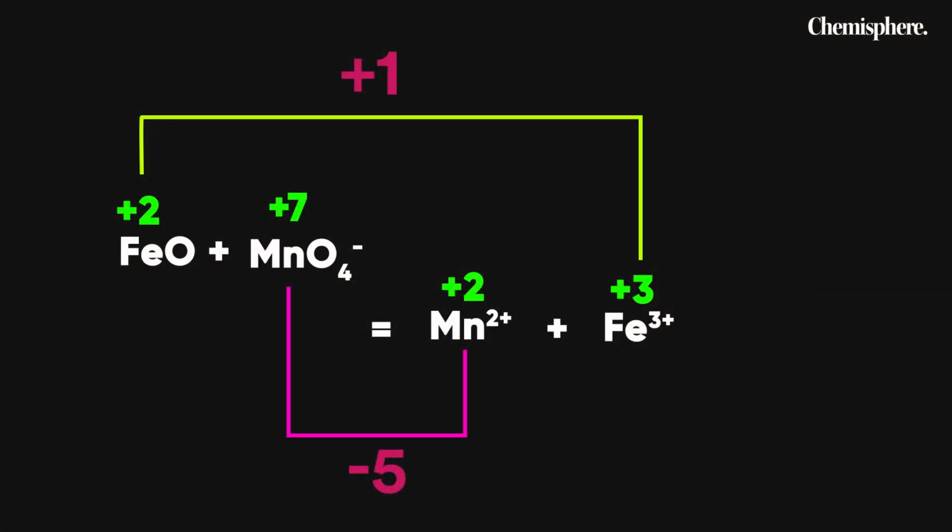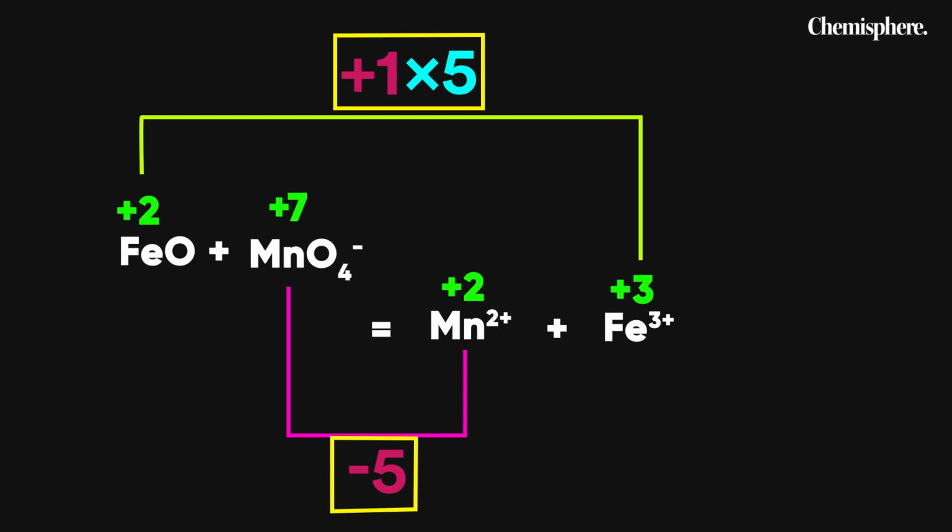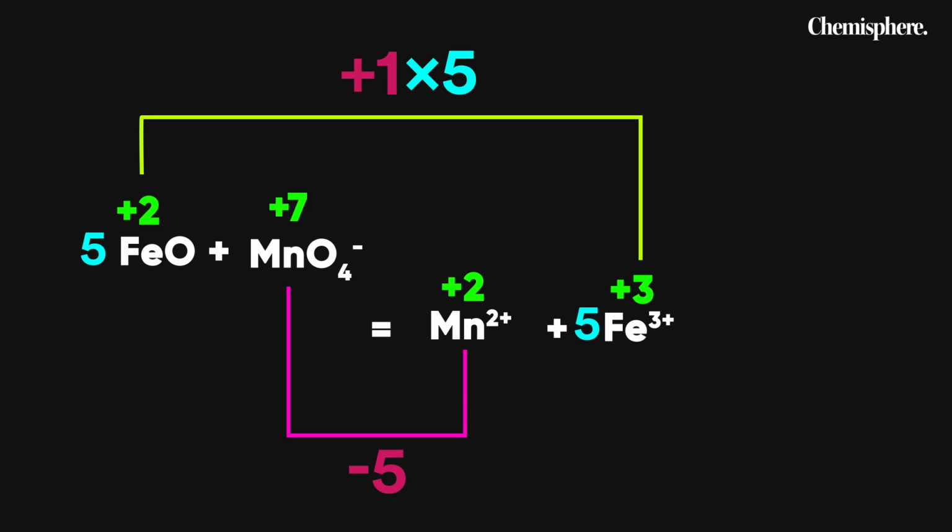How do we do that? We can do this by multiplying this +1 oxidation number by 5. When we do that, the entire increase becomes +5, which is equal in magnitude to the -5. As we multiply by 5, we have to multiply all the elements which are undergoing this process, which means 5 has to be multiplied in FeO and 5 also has to be multiplied in Fe3+.